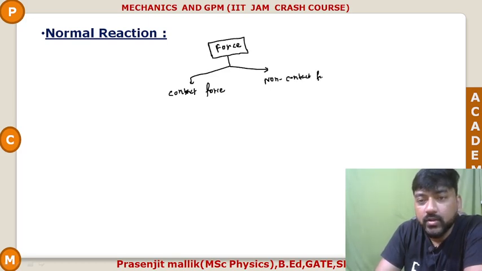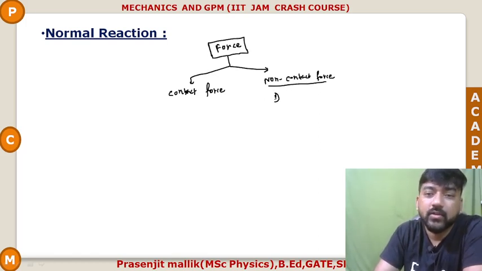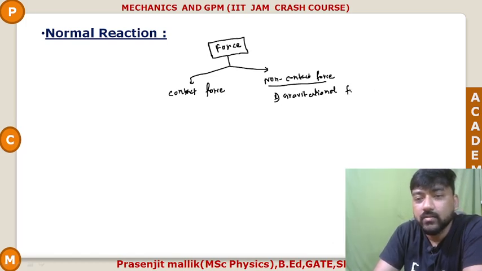Again, this non-contact force we will not study here, because the gravitational force is also one kind of non-contact force. We will study it in a separate chapter with central force motion.